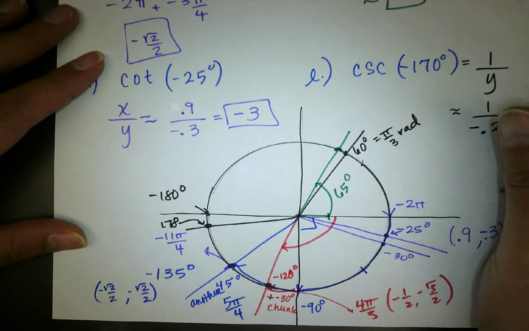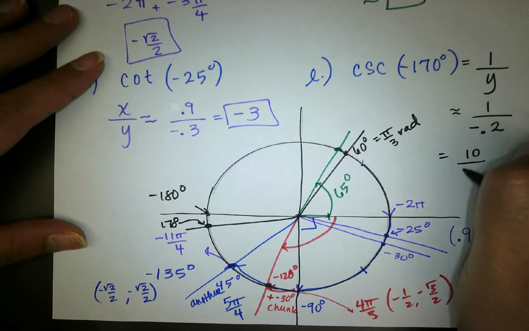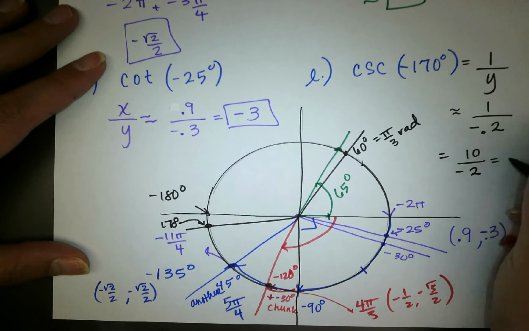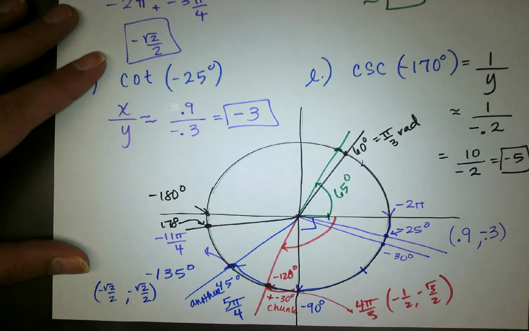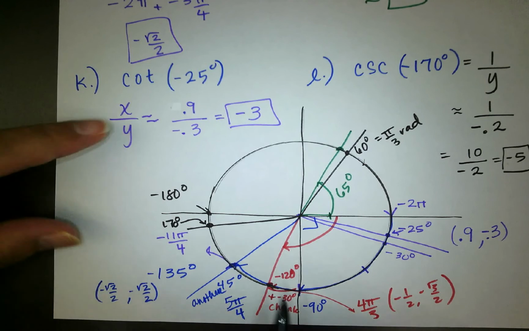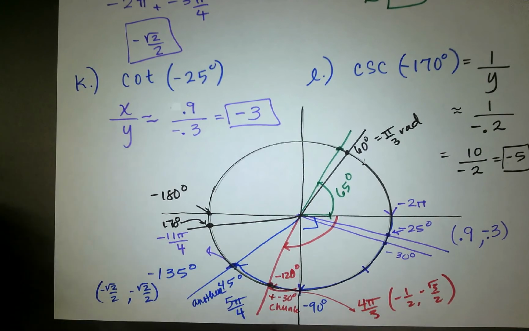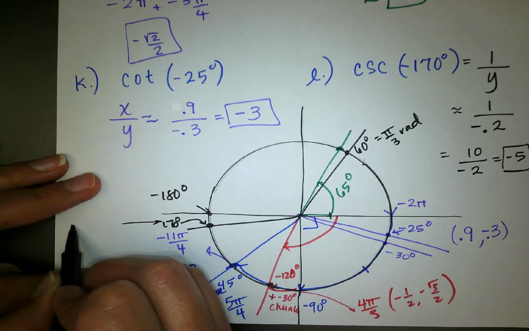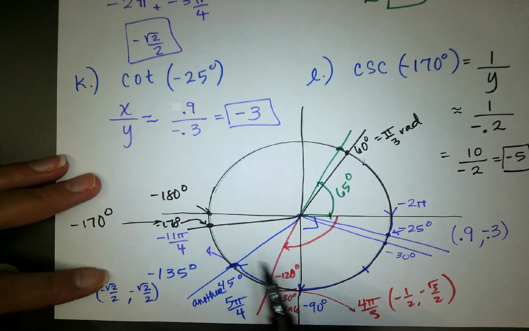If you do that, that's going to be 10 over negative 2, which is negative 5. Maybe you approximate it a little bit differently. That's fine. That's my approximation according to my circle. This is L. That's negative 170. It's just hard to read.